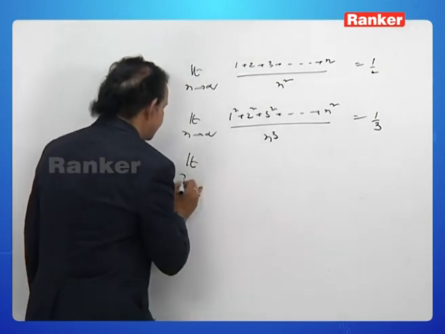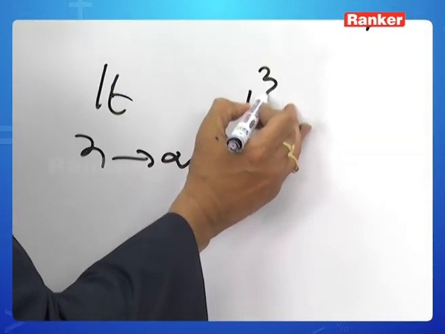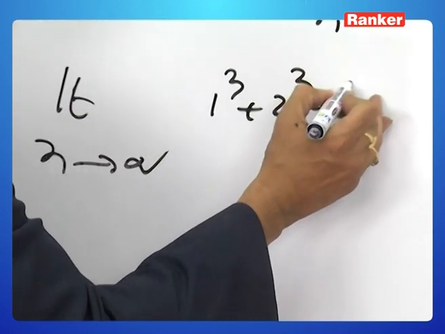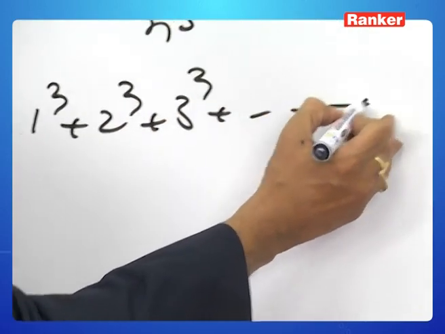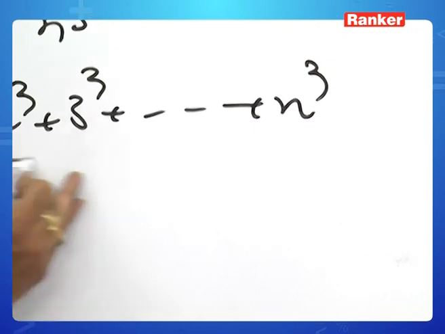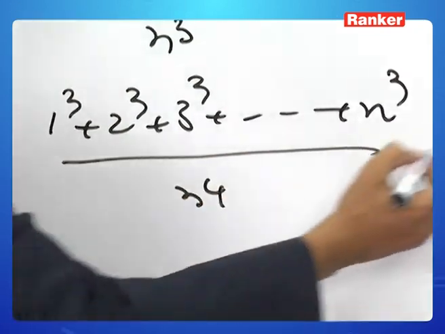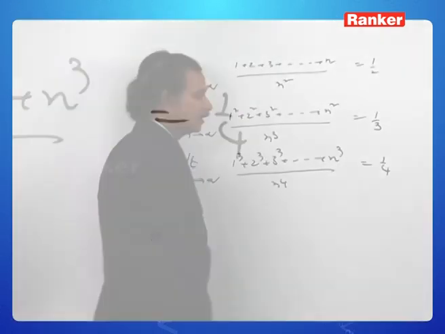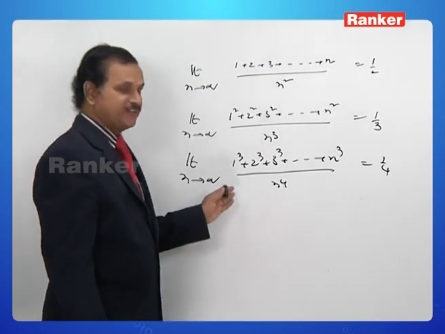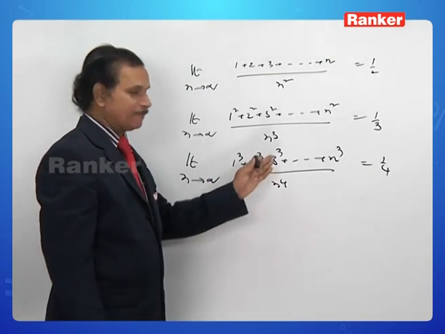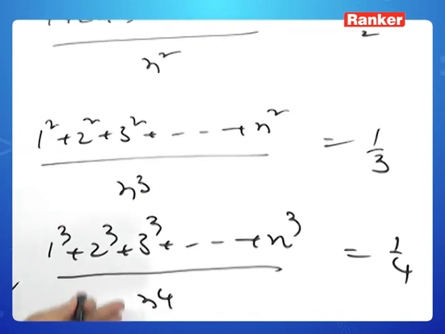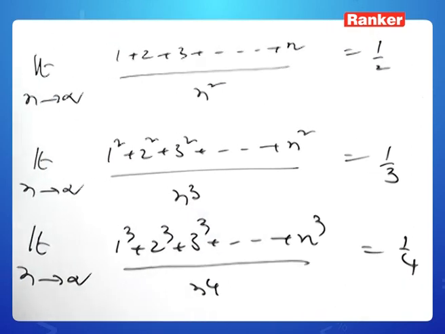Limit as n tends to infinity of 1 cube plus 2 cube plus 3 cube plus 4 cube plus etc. plus n cube by n power 4 is 1 by 4. Limit as n tends to infinity of 1 power 4 plus 2 power 4 plus 3 power 4 plus etc. plus n power 4 by n power 5 is 1 by 5.